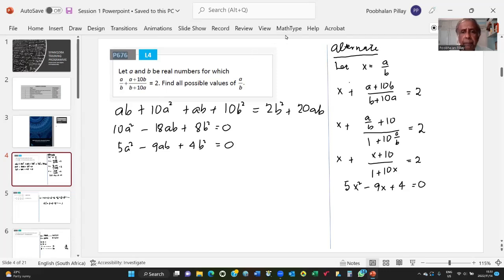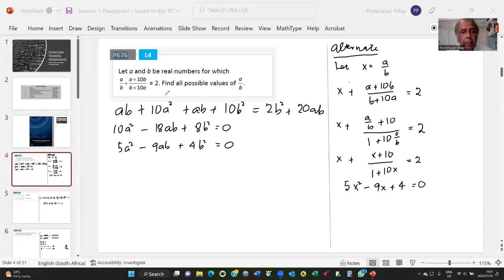Now you'll see that this is a single equation in two unknowns, so you can't solve for a and b because you've got more unknowns than equations. But you can find the ratio of a to b, and that is the question that is asked. Find all possible values of a over b.